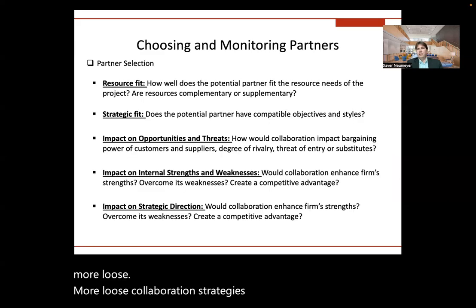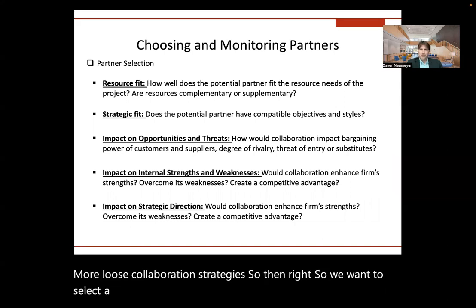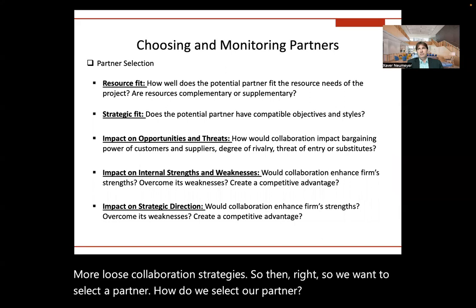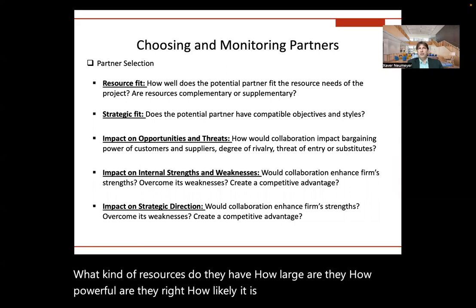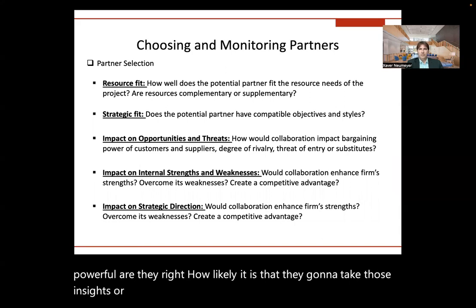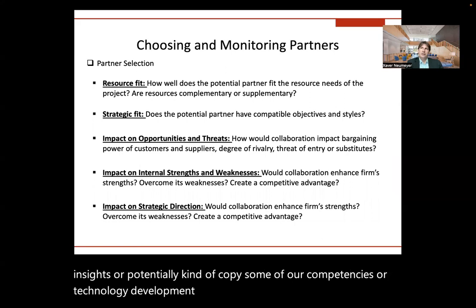So then, we want to select a partner. How do we select our partner? What kind of resources do they have? How large are they? How powerful are they? How likely is it that they're going to take those insights or potentially copy some of our technology development competencies? If they're a direct competitor, that could be problematic.